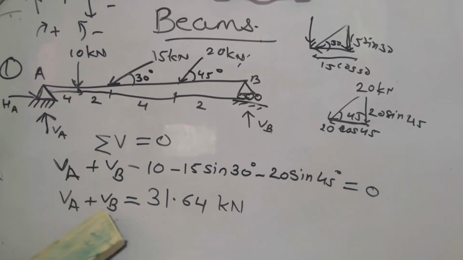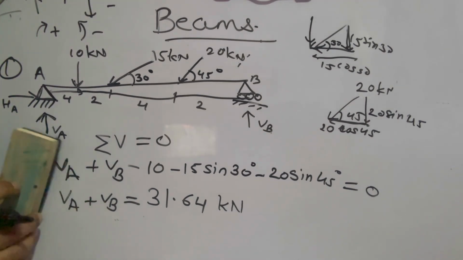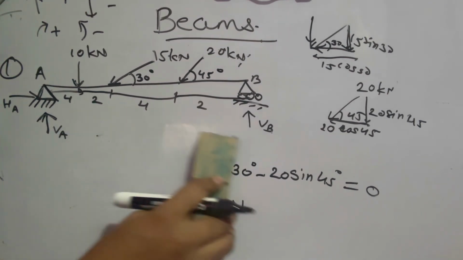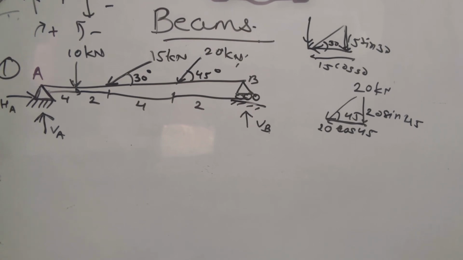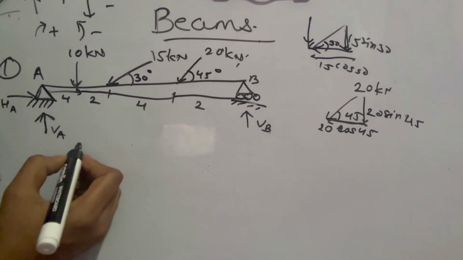Then VA and VB, we don't know VA and VB, so how to calculate VA or VB? By using the second equilibrium condition, that is the moment about A or B equal to 0.